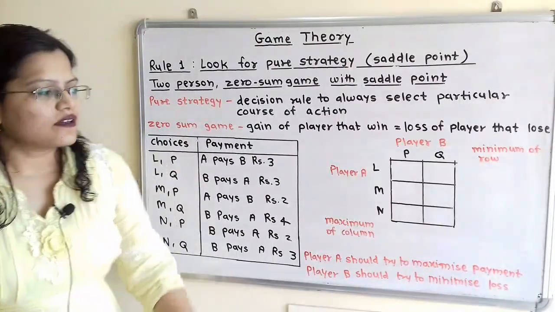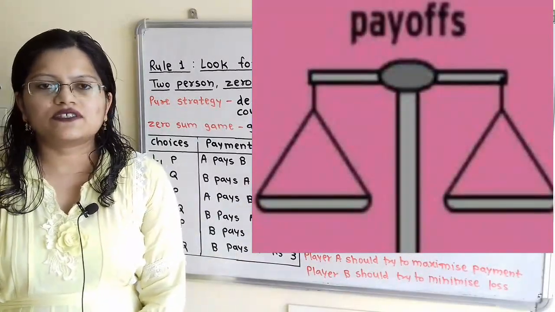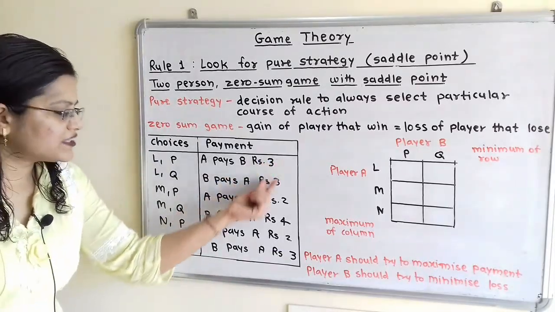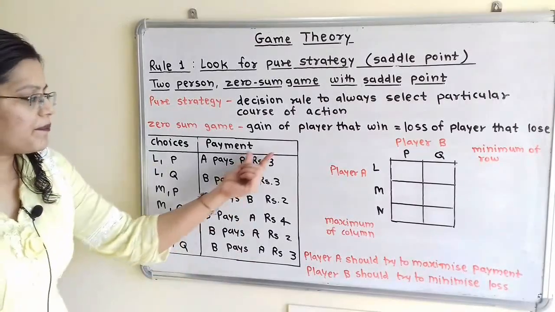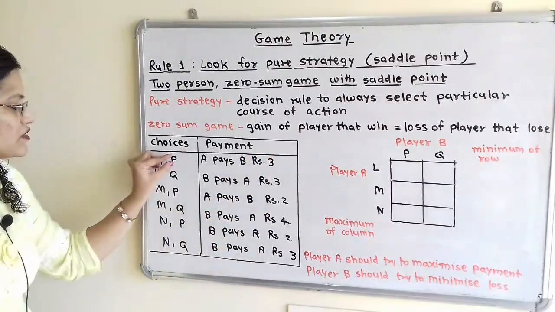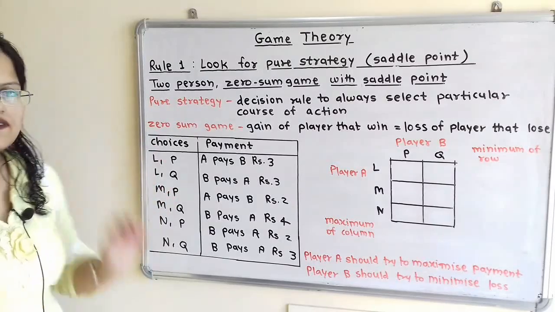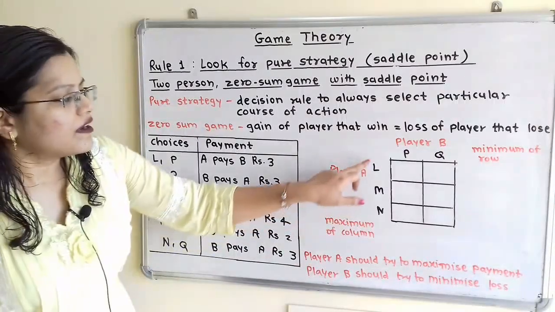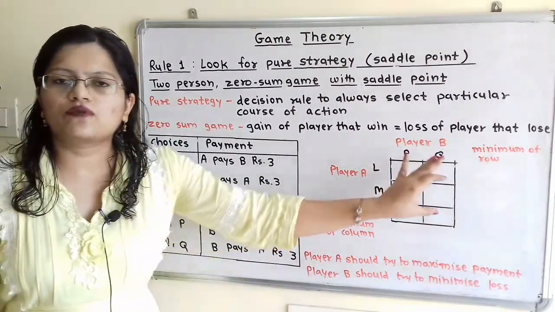Now we will construct here the payoff matrix. So this matrix we have to construct for the payoff as mentioned in this table. So here this payment is mentioned for the possible combinations of the choices for player A as well as player B. So for player A, we will mention here the choices in the form of rows.